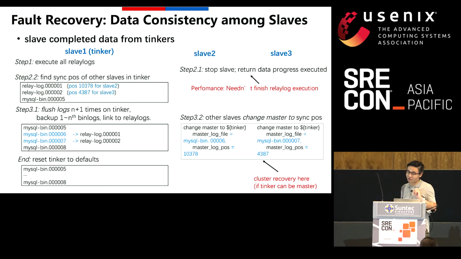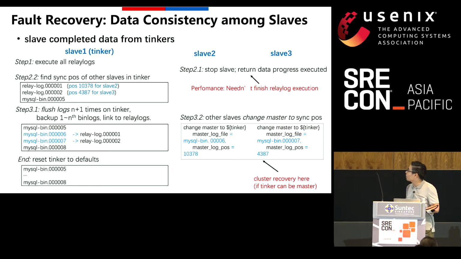We will flush the binary log 3 times on the tinker to get empty binlogs 6 to 8. Then we copy 6 and 7 and link them to relay logs 1 and 2.